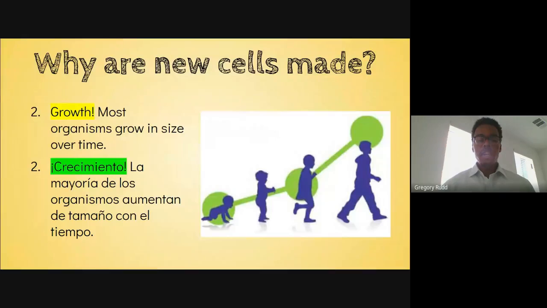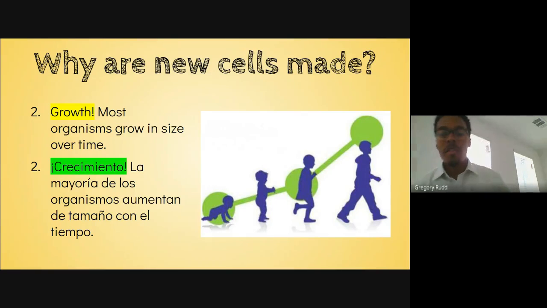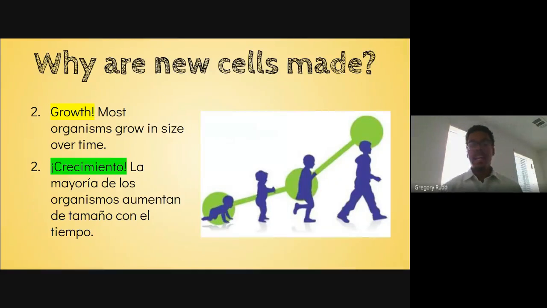And we know that most organisms grow in size over time. So from birth to toddler to pre-adolescent to adolescent to teenager to young adult, so on and so forth until you're elderly, there are constantly changes taking place in our bodies.